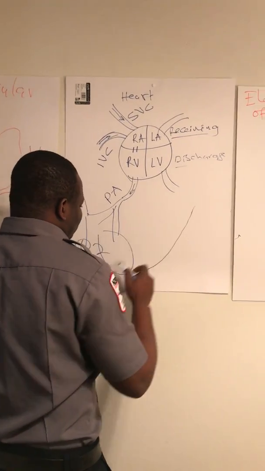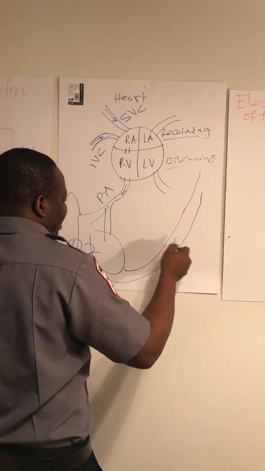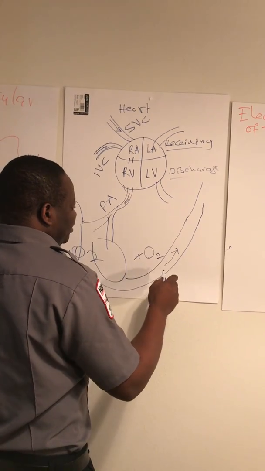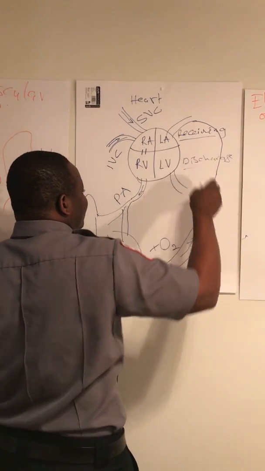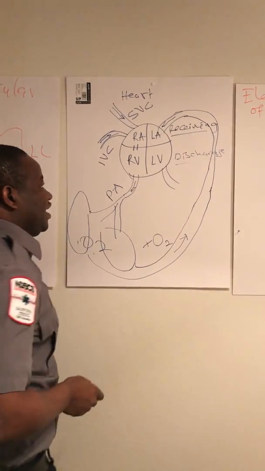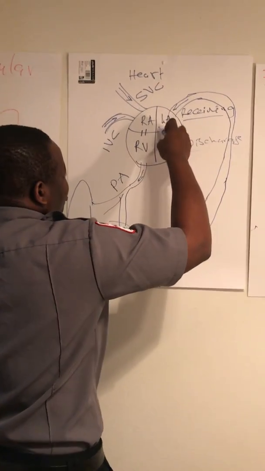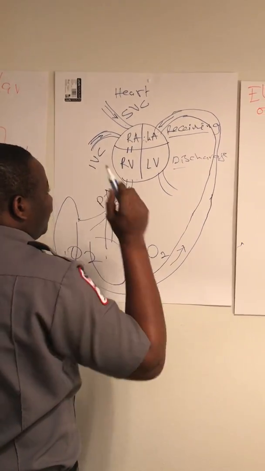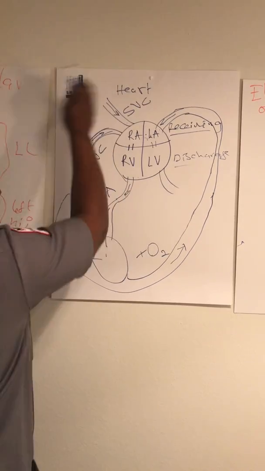So it will now go back to the heart. Because the blood is moving to the heart and now contains oxygen, it can only be received by the left atrium, because the left side of the heart deals with oxygenated blood. So the blood will come into the left atrium. When it comes in, you realize that it contains oxygen because it's coming from the lungs. Then another valve, a one-way door, opens, allows blood in, and doesn't allow backflow.